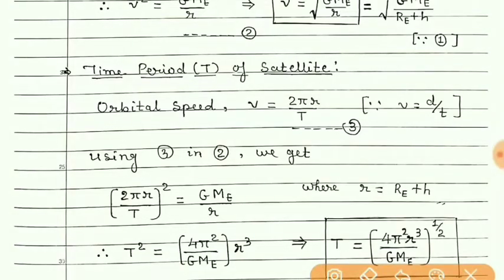Now let us obtain the formula for the period of the satellite. Period means time taken to complete one rotation around the earth, that is the periodic time. Students, we know that speed v is equal to distance upon time.